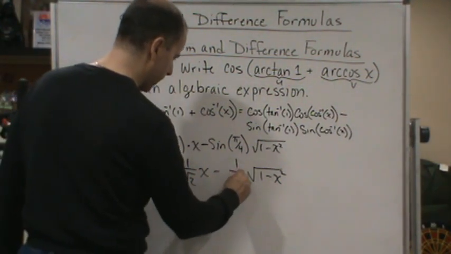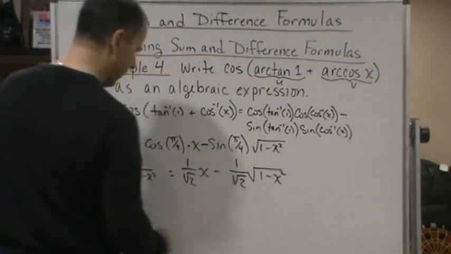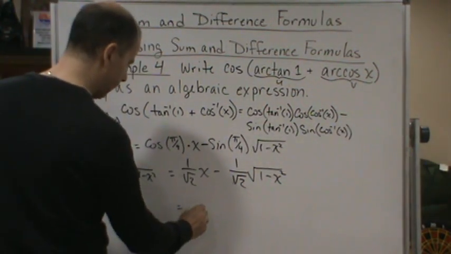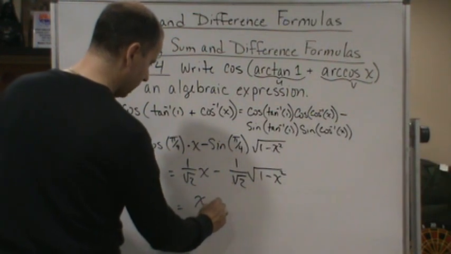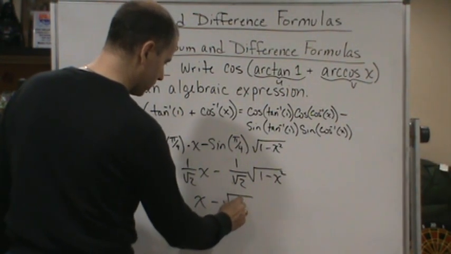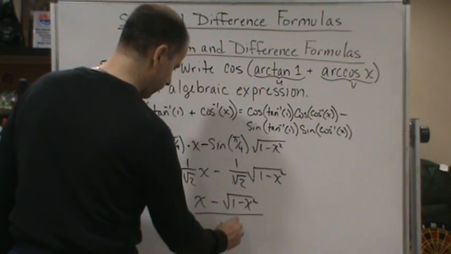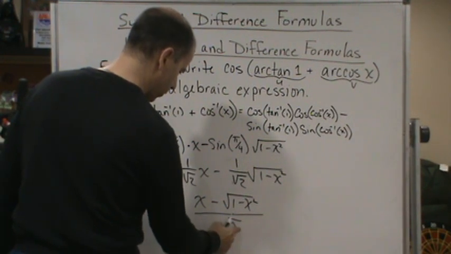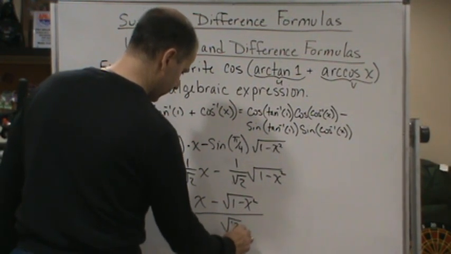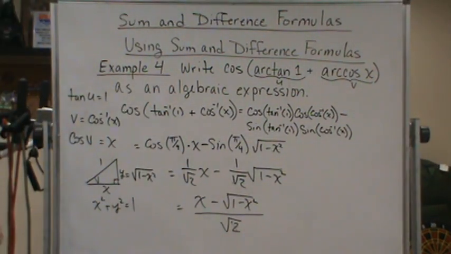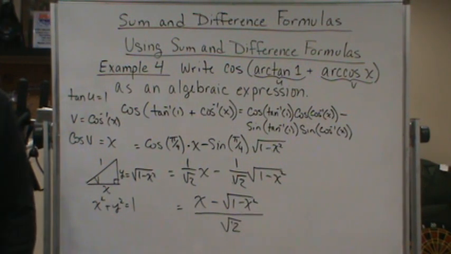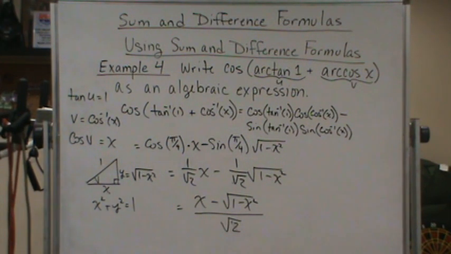I know normally we rationalize the denominator, but in this case, what we end up with is x minus the square root of 1 minus x squared all over the square root of 2. And in that case, that actually looks better. And that's it. Have a great day.